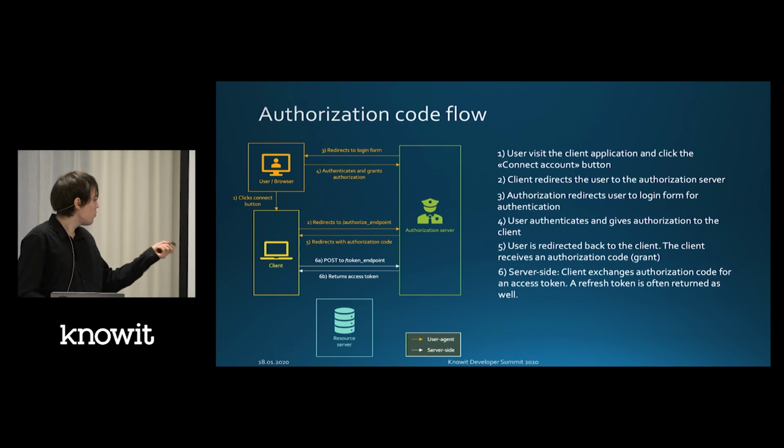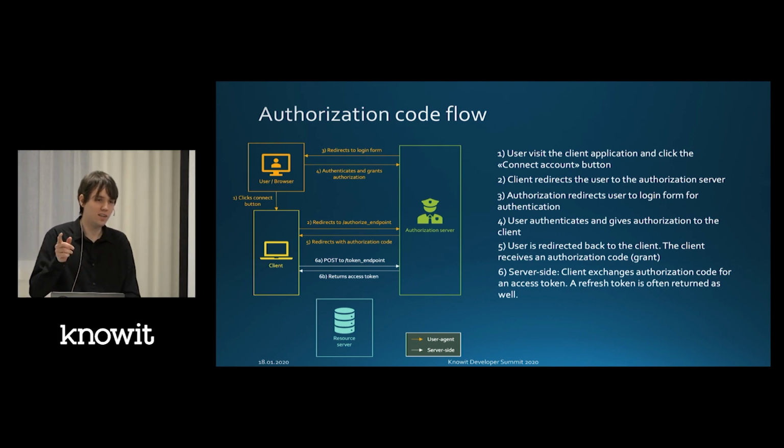The reason this flow is more secure is that everything I drew here with a white arrow is happening on the back channel, machine to machine over a secure connection. It's nothing that happens in the user's browser. It happens from web server to web server, so you know it's safe.